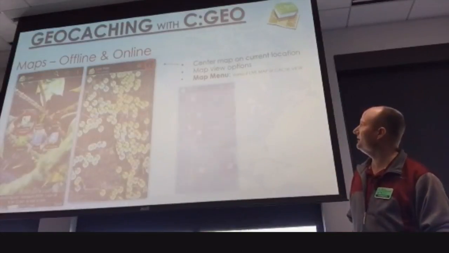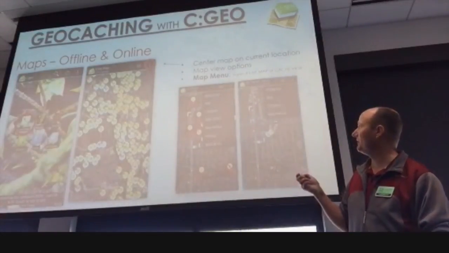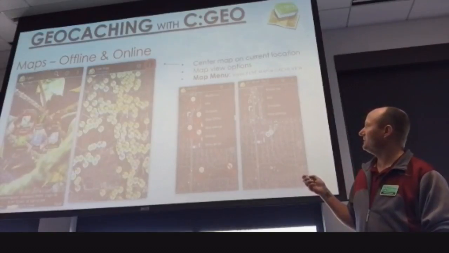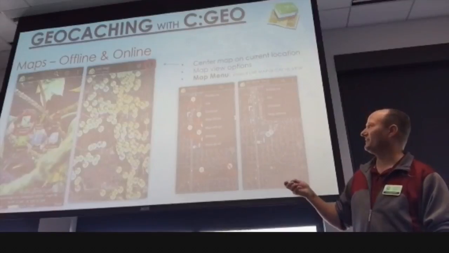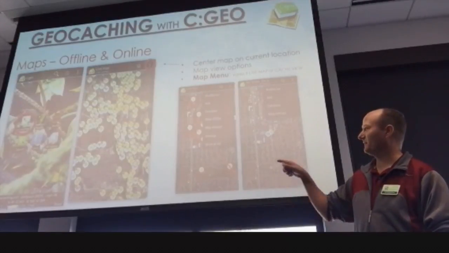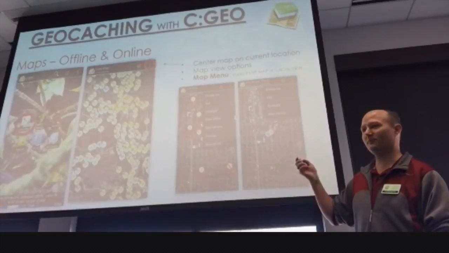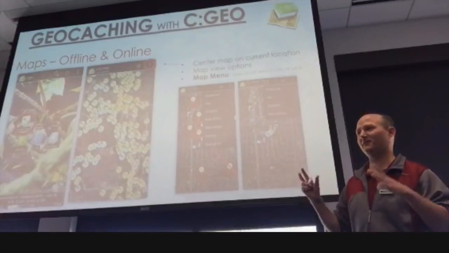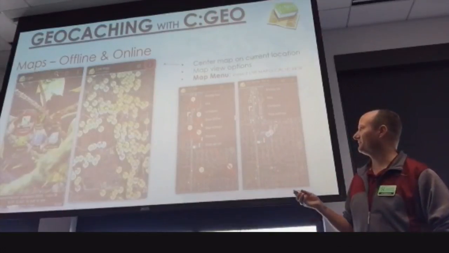So live map. Okay, so when you push the menu on live map, you can disable live. Like this is way too many caches to manage. So if I'm scrolling around or whatever, I can hit disable live, and only the ones that are loaded are going to stay. I can scroll around and it's not going to load more. So you can kind of slow it down.